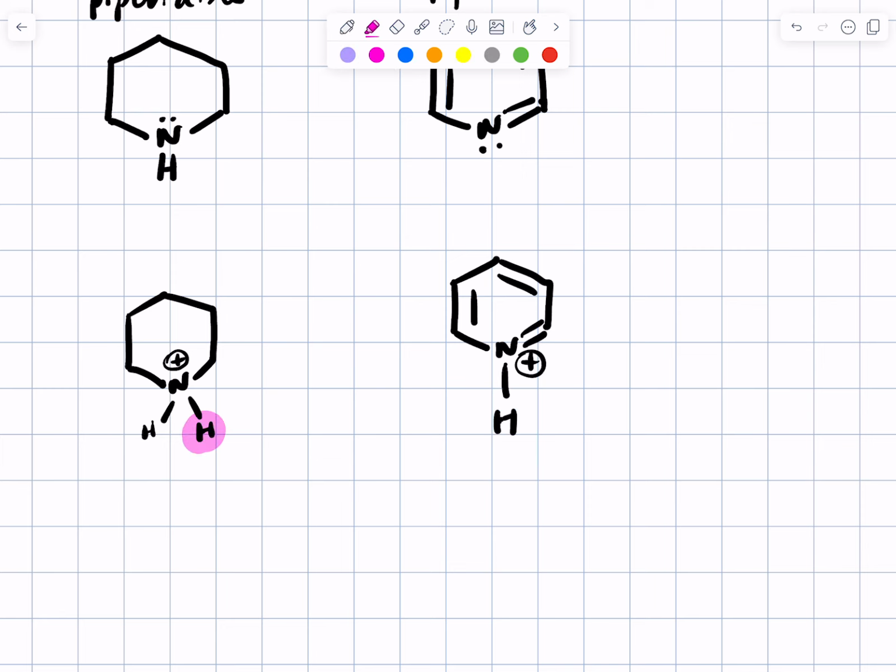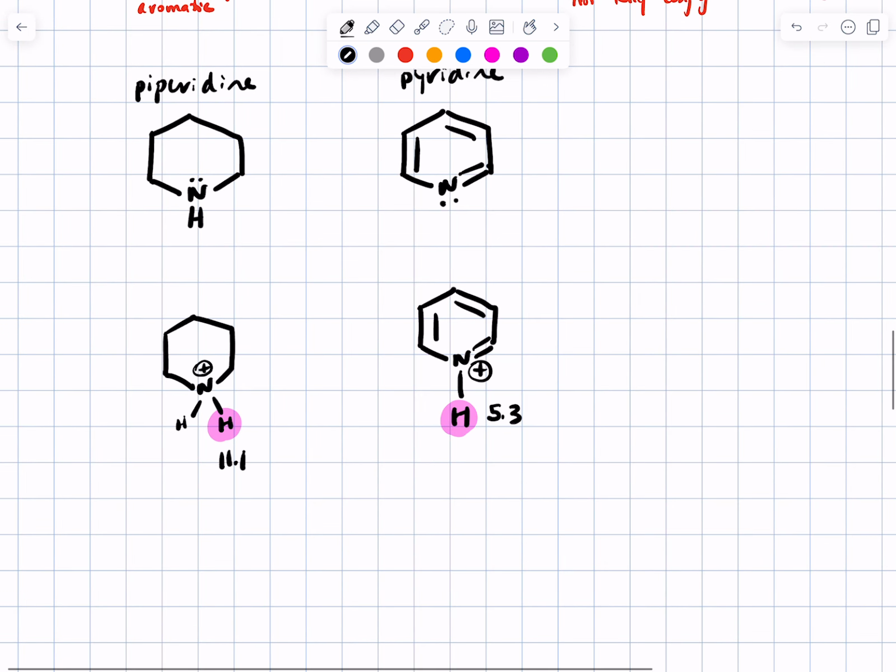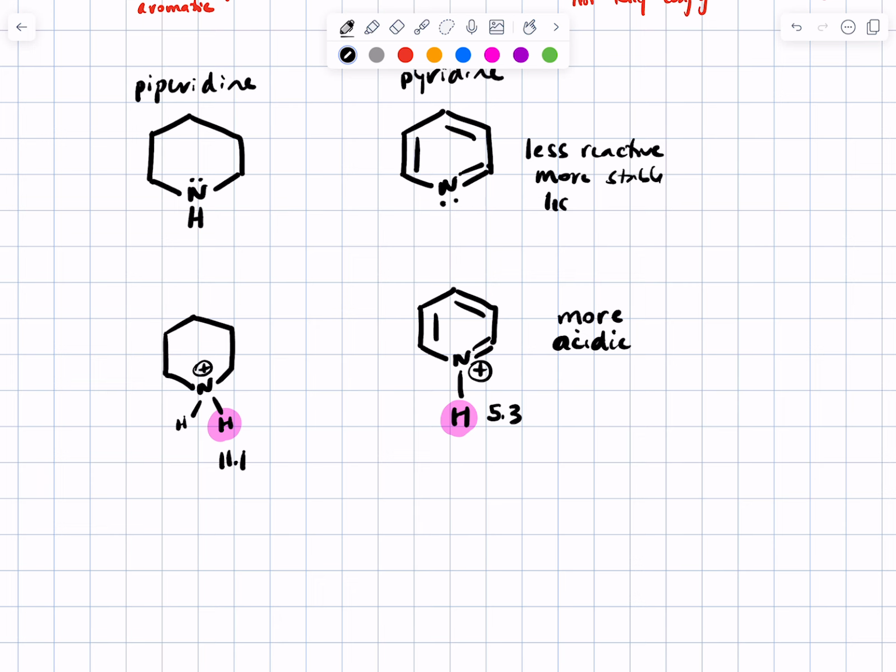The pKa of that proton is 11.1 for piperidine, but 5.3 for pyridine, meaning the pyridinium ion is much more acidic, which means that the corresponding conjugate base is less reactive, more stable, less basic, right?